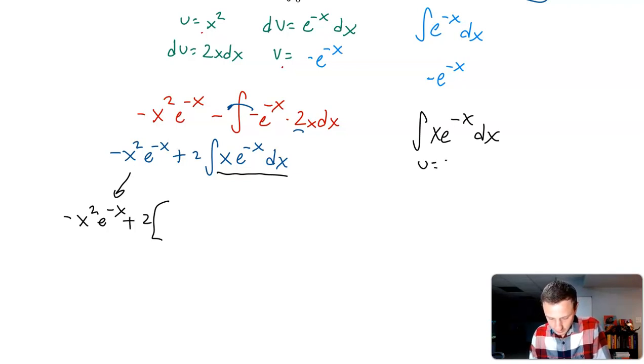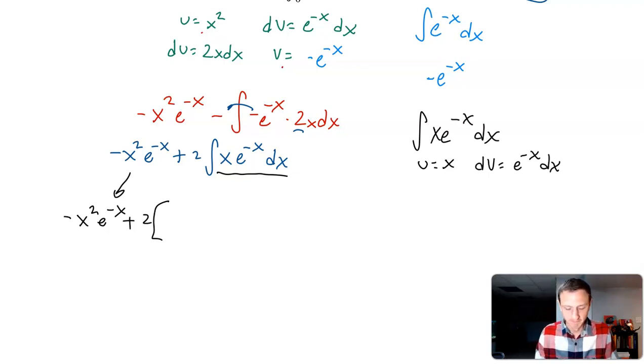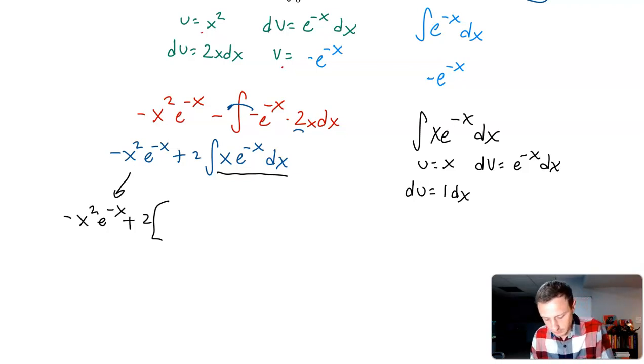So u is going to equal x. dv is going to equal e to the negative x dx. The derivative of u, du, is going to be 1 dx. And v, the integral of dv, is the integral of e to the negative x.